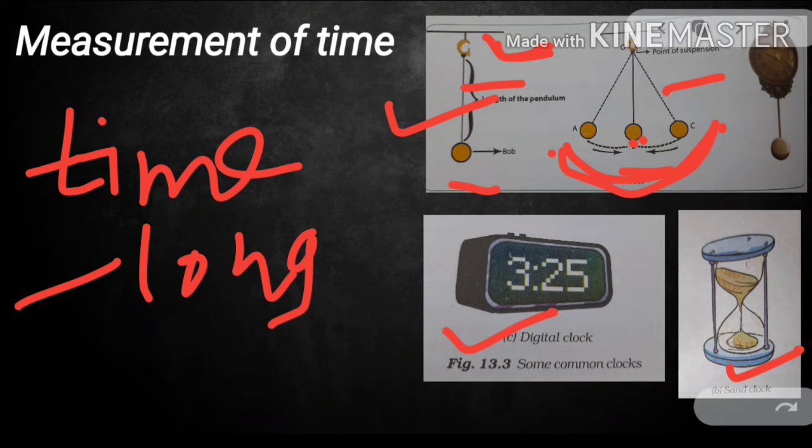Even the sundial was also used to measure time, and sand clocks were used by the Romans. This is based on the periodic nature of these phenomena, and ancient people used such kinds of devices like sundial or sand clock.